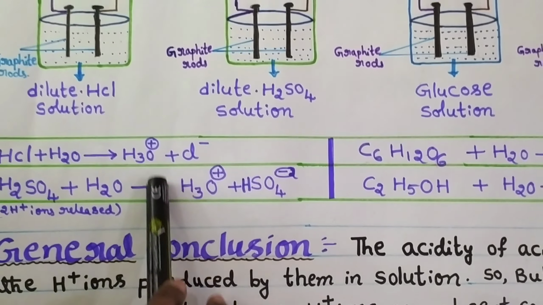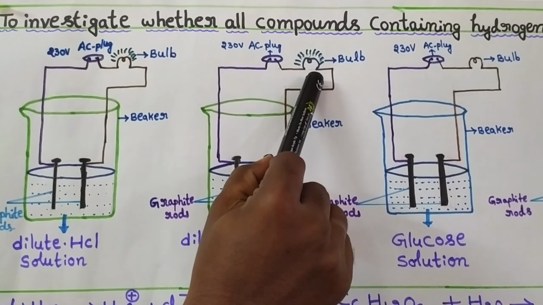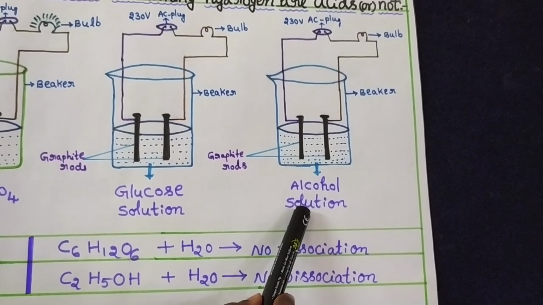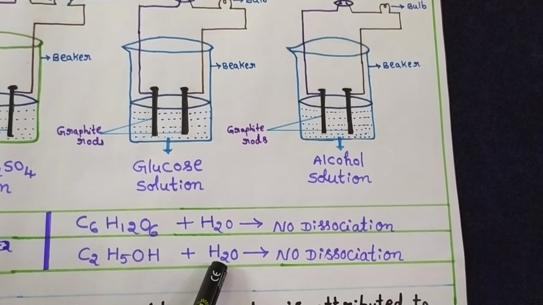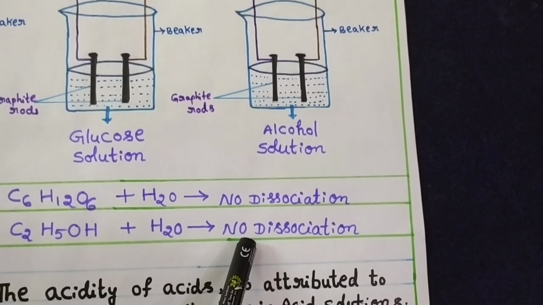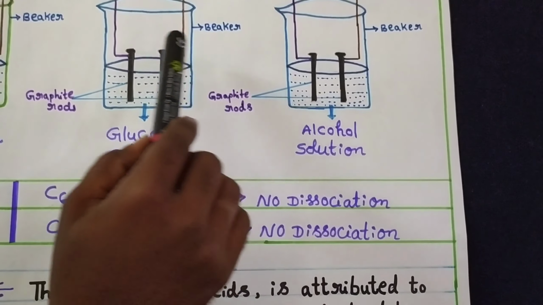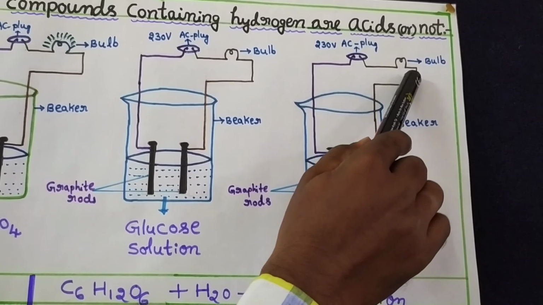These ions are responsible for the glowing of the bulb. Now, in the case of glucose and alcohol, when they are dissolved in water, they are not dissociated into ions. So, in these two situations, the bulb does not glow.